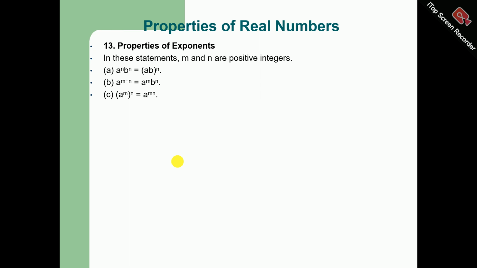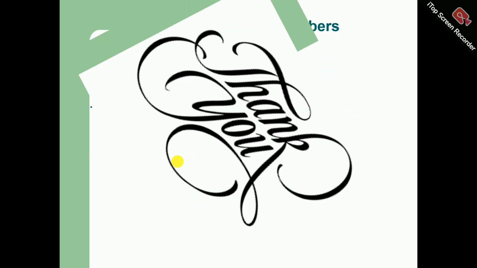Similarly, a raised to the power m whole raised to the power n is equal to a^(mn). a raised to the power n divided by b raised to the power n is equal to a divided by b whole raised to the power n, if b is non-zero.